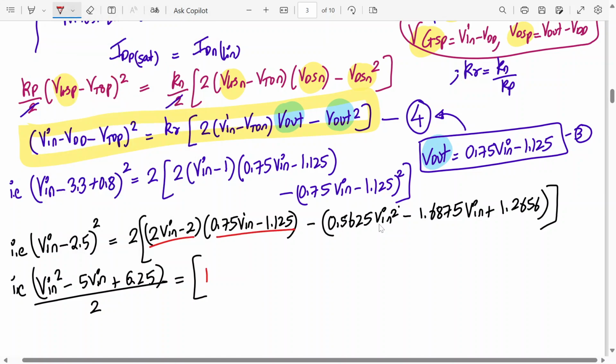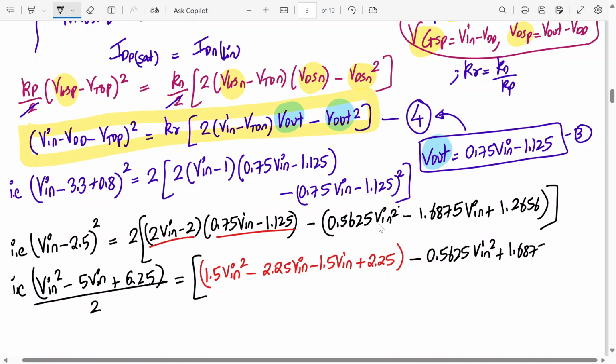How much is this? 1.5 times V in square minus 2.25 times V in minus 1.5 times V in plus 2.25. So that is what we get over here. Then we write this as it is: minus 0.5625 V in square plus 1.6875 V in minus 1.2656.